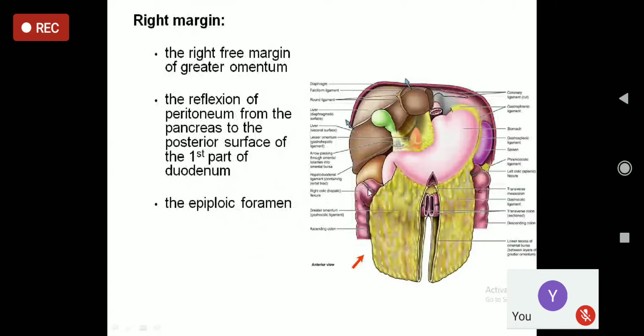And the right margin, here we can see the right free margin of the greater omentum. So this is the right free margin of the greater omentum, the reflection of the peritoneum from the pancreas to the posterior surface of the duodenum here, and the epiploic foramen. So this is the right margin of the lesser sac.